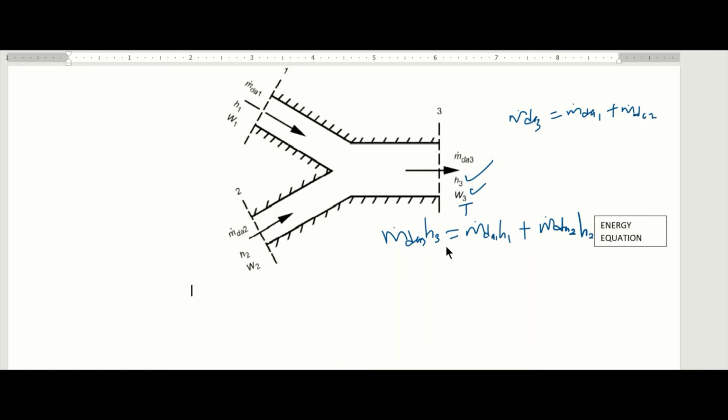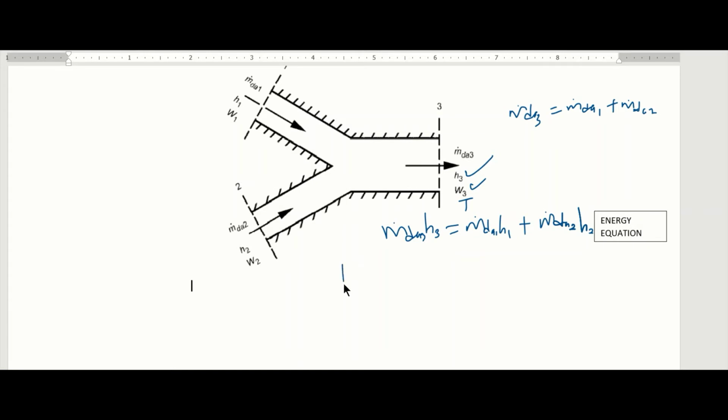So when we transpose this equation, our new condition for the enthalpy H3 will be equal to the mass flow rate at condition 1 times H1 plus the mass flow rate at condition 2 times enthalpy 2, over the mass flow rate at state 1 plus the mass flow rate at state 2. So this gives us our final condition for the enthalpy.